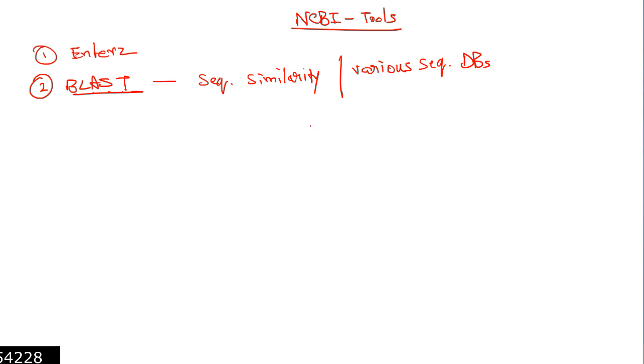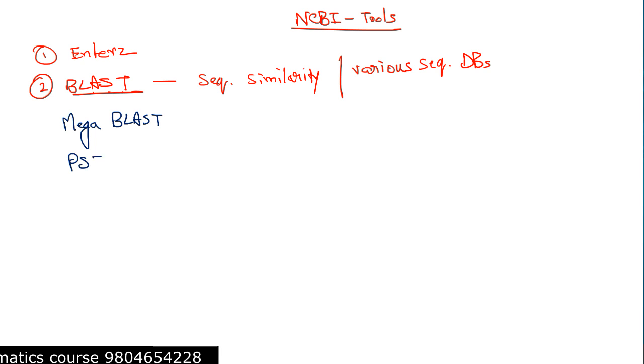And there are different kinds of BLAST, different sorts of BLAST tools that are available. Let me tell you that. Okay, so the standard kind of BLAST, what else we have? We have Mega BLAST. We have PSI BLAST. What else we have?